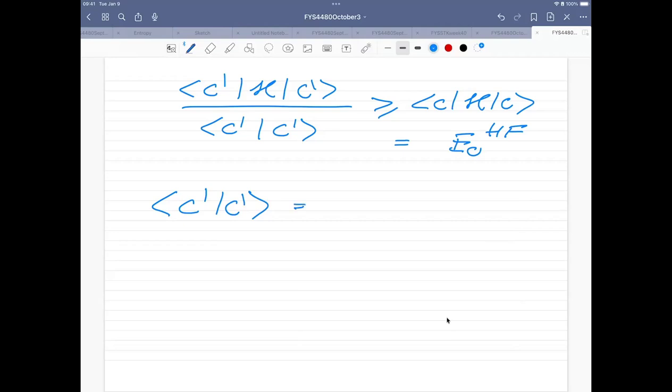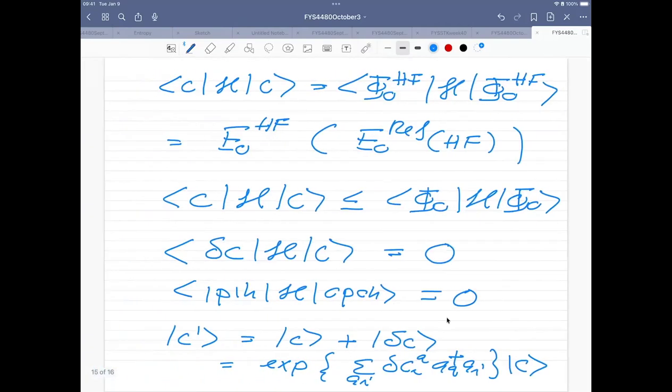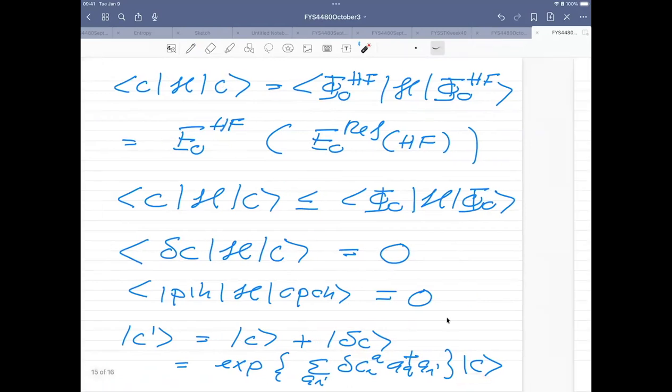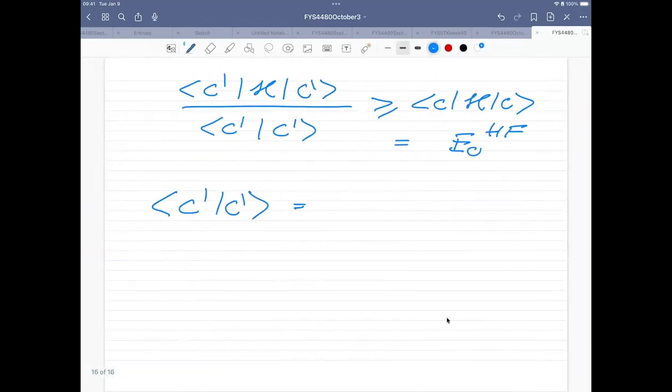Now we're going to plug in the expressions which we have. If we Taylor expand it, there's obviously 1 times this one, so there's going to be a 1 here.